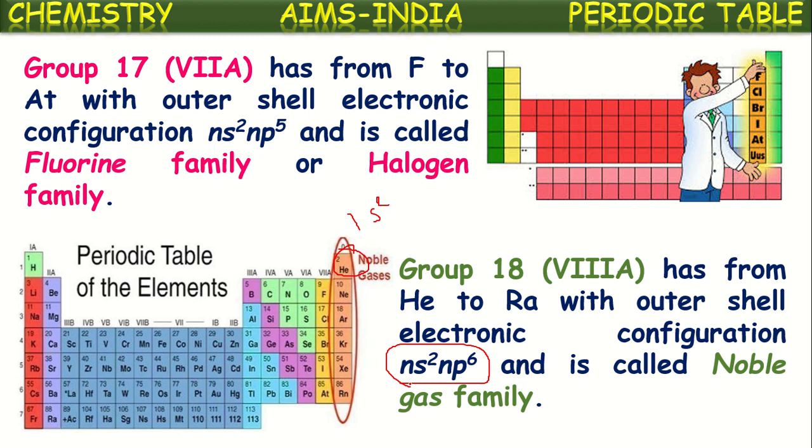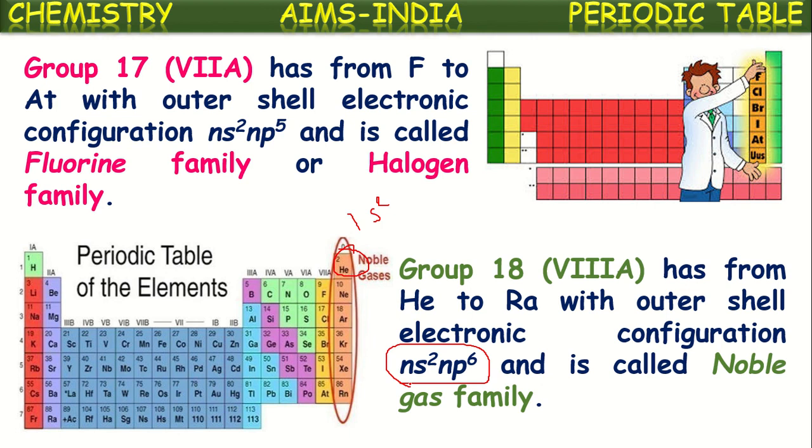Why so? These elements have stable electron configurations and do not react with any other chemicals, or even themselves. That's why they always exist in individual atomic gaseous form. For this reason they are also called aerogens or inert gases.